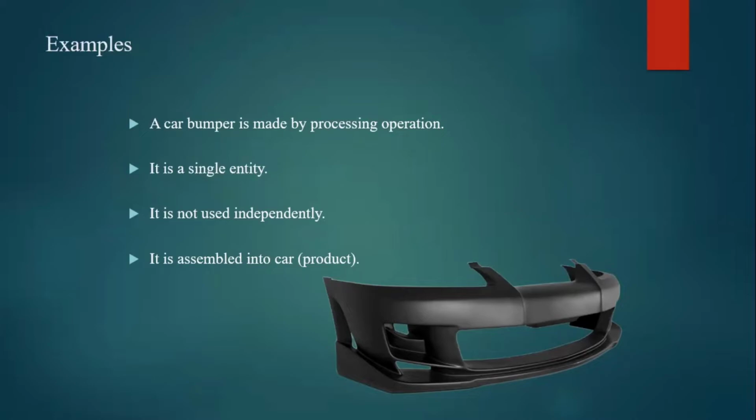It's also a single entity, but it's not used independently. This component, this part is assembled along with other components, parts to make a complete system, a bigger system, a product known as the car, the automobile.